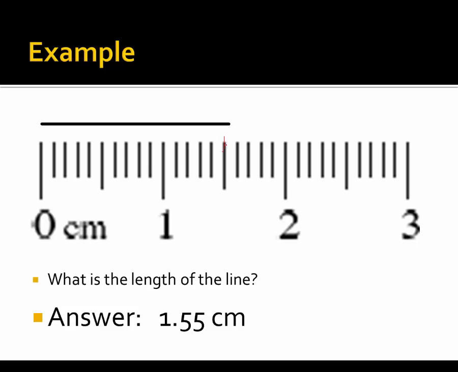So we definitely have 1.5, not quite 1.6, but somewhere in between. So we're going to guess. We write our two certain numbers, 1.5, and then guess the last digit to be 5 centimeters. So that's our answer. This is our uncertain number there. That's the one that is guessed.